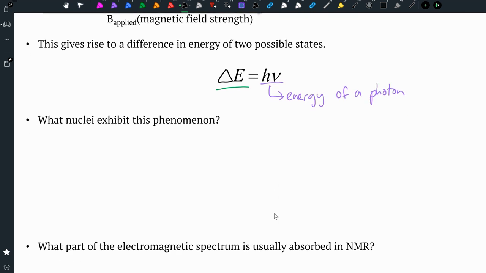So there are two nuclei that we will focus on. There are others, but we will focus on carbon-13 and hydrogen-1, among others.